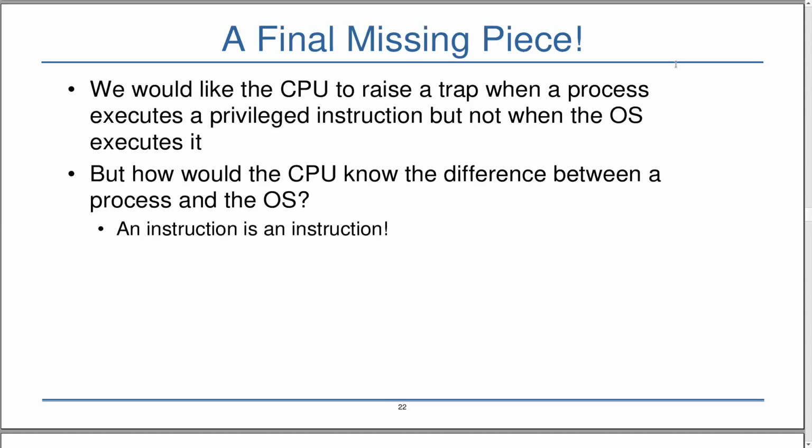So one thing that we haven't considered yet is if we execute a completely illegal instruction, like I said, garbage, right? That's probably not good for either the operating system or the user program. That's certainly something that should not be allowed, right?